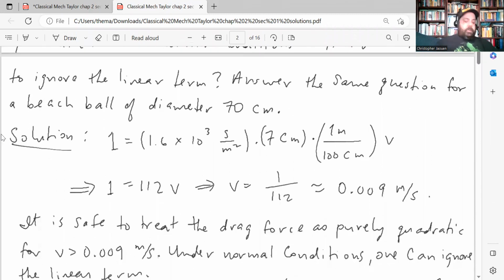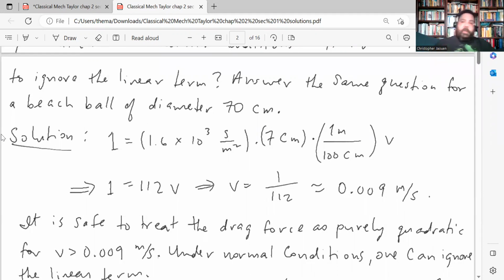All right, so the two types of drag forces are comparable to each other when the ratio of them is 1. So I just set that equal to 1, and then plug in the numbers for the baseball. Don't forget to convert the units so that everything matches. So you have to turn centimeters into meters just to make sure that all the units match.